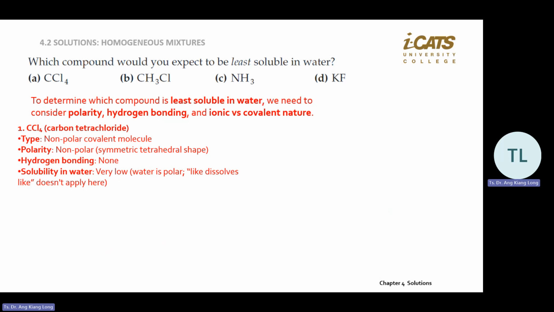These are the standard steps. This will be in your test and final exam. The expected answer: you need to tell me what type of molecule, then the polarity, whether it is polar or non-polar. You need to build the structure and refer to the table to tell me the geometry of the shape.